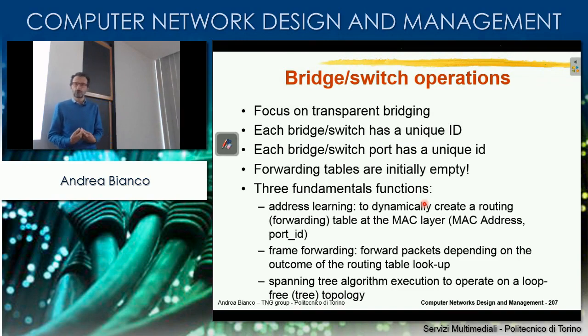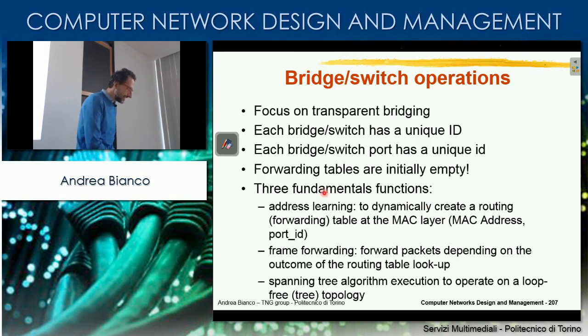And finally, as we will see in a moment, you run a protocol, an algorithm actually, which is called spanning tree, to ensure that on any interconnection topology that you may create, you will build a logical tree, and you will forward packets only on that logical tree. And why is that? Because the learning algorithm that you use is very simple, but is working properly only on a topology which is loop-free. And the tree is one of these topologies which is completely loop-free.